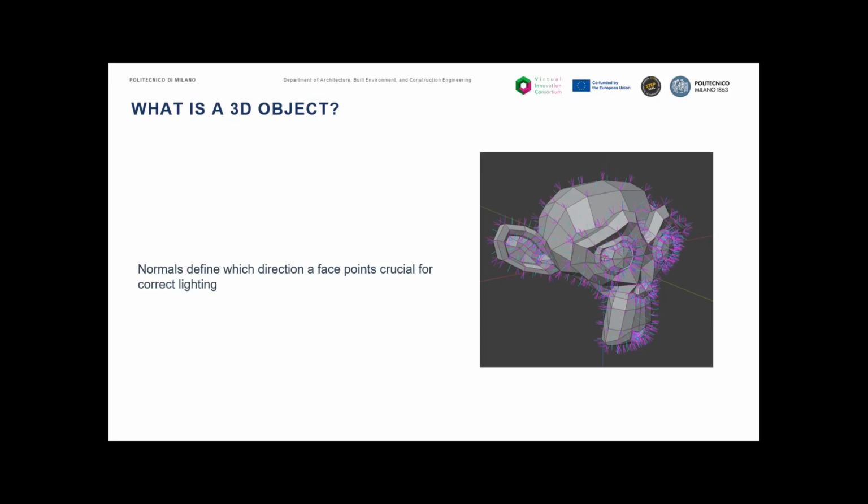So let's imagine those are right normals, so they're good. Let's imagine them flipped, so they're not good anymore. They're pointing inward rather than outward. So the surface will actually appear dark, or in some cases, like in video games, or while you're using Unreal Engine or Unity, it will just appear invisible from the outside.